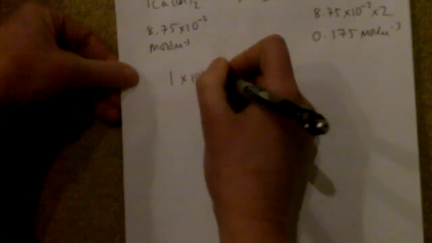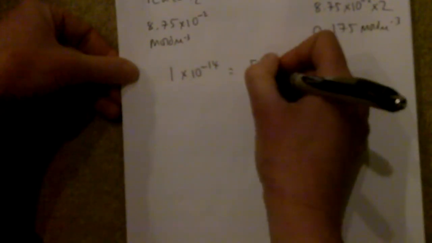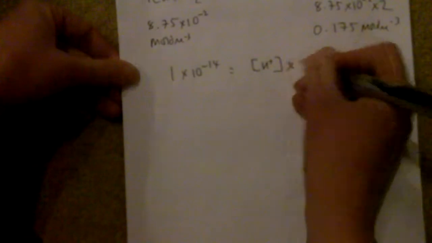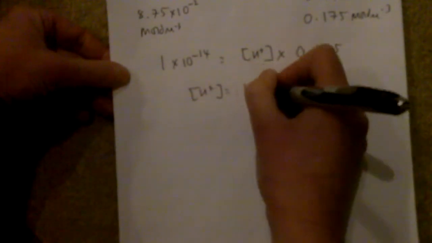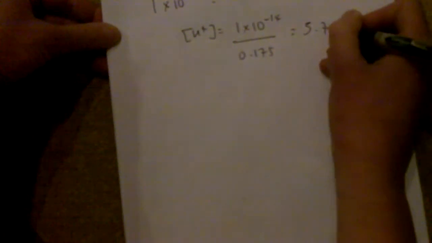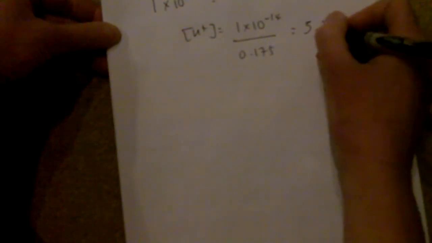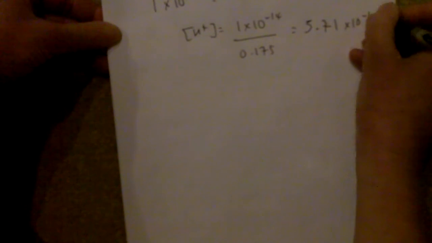You go Kw equals H plus times the concentration of the hydroxide ions. We rearrange it: 1 times 10 to the minus 14 over 0.175 gives a H plus concentration of 5.71 times 10 to the minus 14.